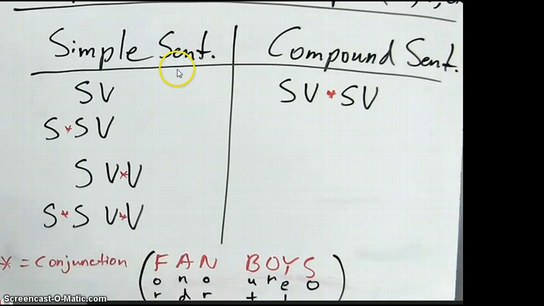There you would have Johnny eats as your subject and verb on this side, and then you have your comma and conjunction, which is but. The subject for this side would be he, and then the verb is play. Not is not a verb, so you would not include that in the verb. But there's a clear difference between all subjects on one side, all predicates on the other, whereas in the compound side, you have subject-verb and then subject-verb.